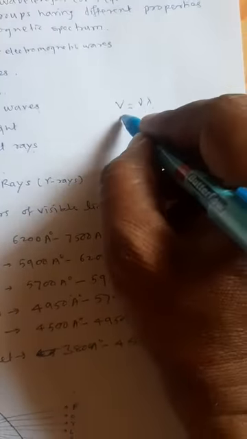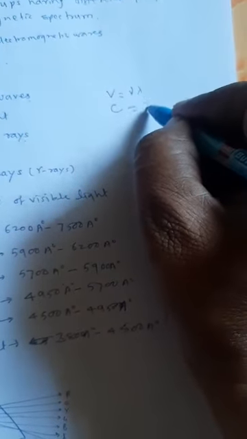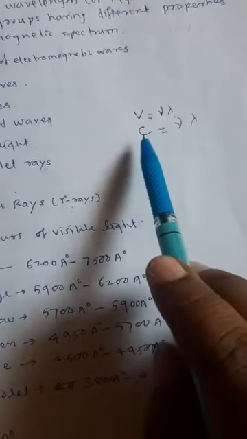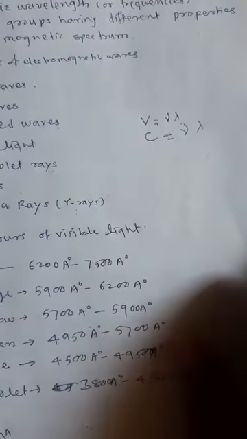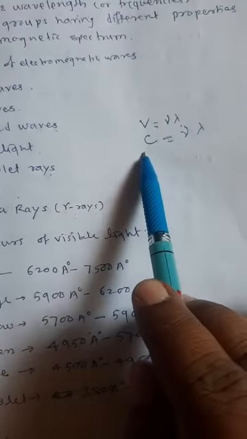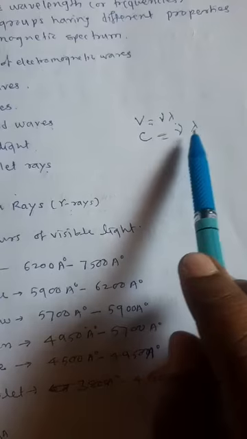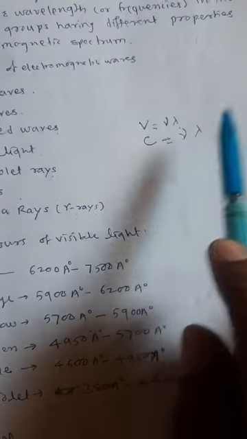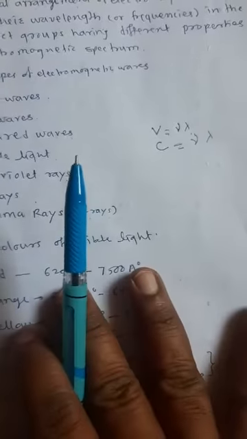V is constant and is denoted by C. Therefore, C equals nu into lambda. It is the velocity of light in free space, 3 into 10 to the power 8. Therefore, frequency and wavelength are inversely proportional to each other.